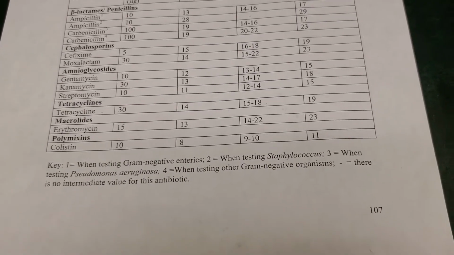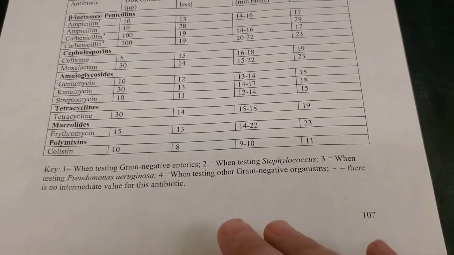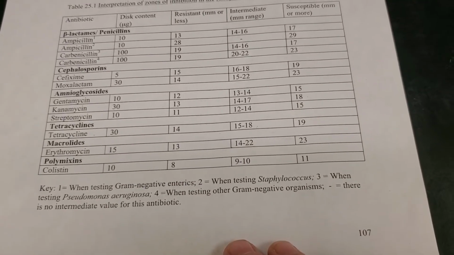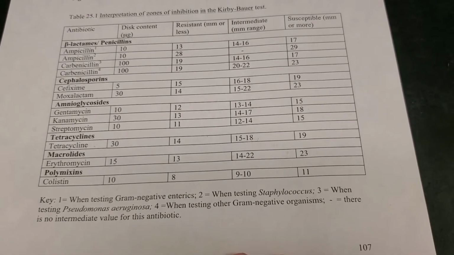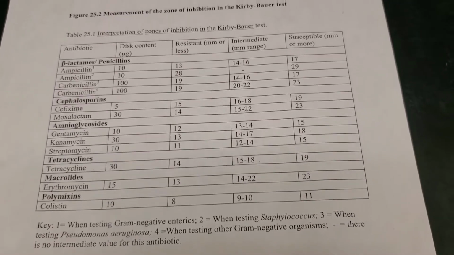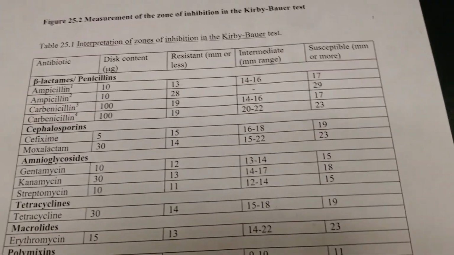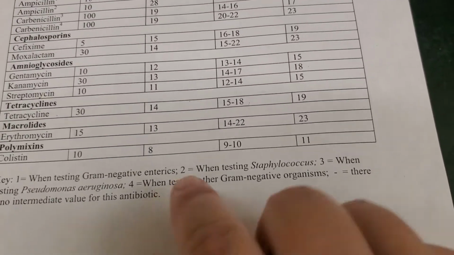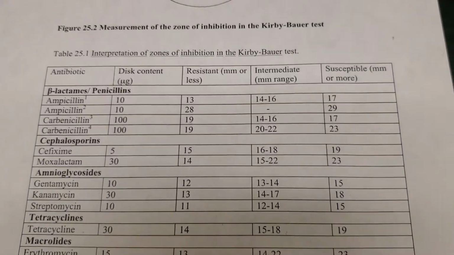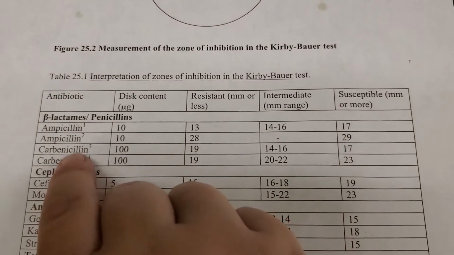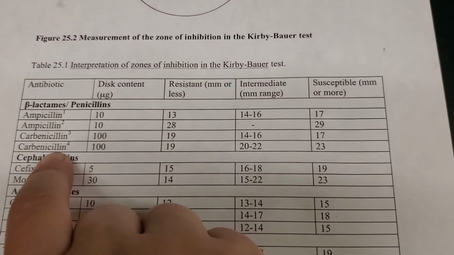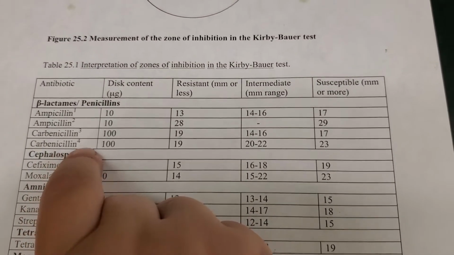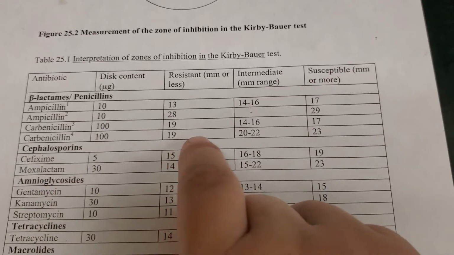And we are going to make sure that we are testing using the interpretation for gram-negative organisms for carbacillin. So as you can see, this subscript 4 notes when testing gram-negative organisms, and so here for carbacillin with our subscript 4, we know to use this line for our interpretation.